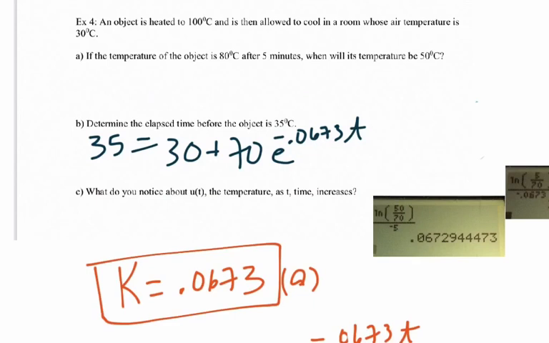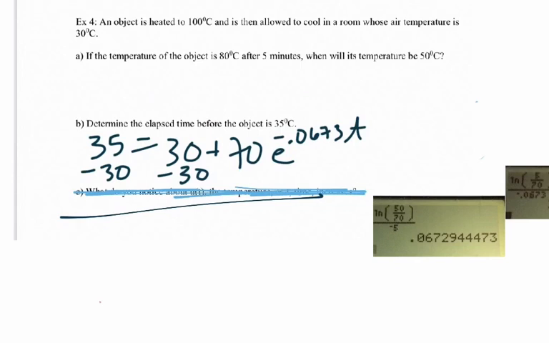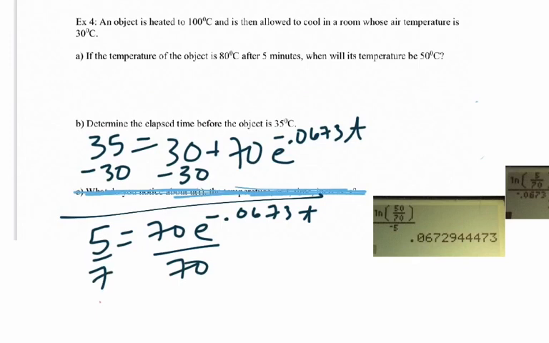So the first thing that I do, let me get rid of this for a second, I'm going to erase this, it's in my way. I'm going to minus 30 from both sides, so I wind up with 5 is equal to 70 e to the negative 0.0673 t. Then I'm going to divide by 70.